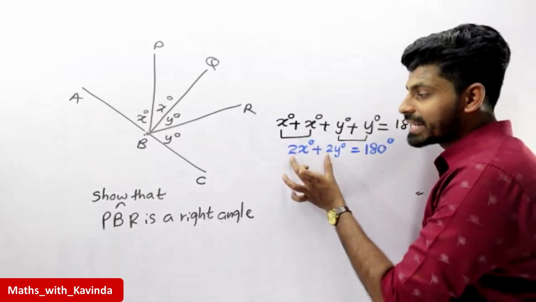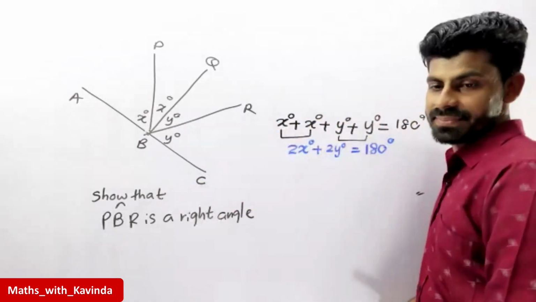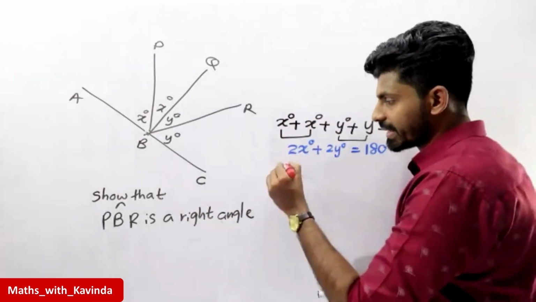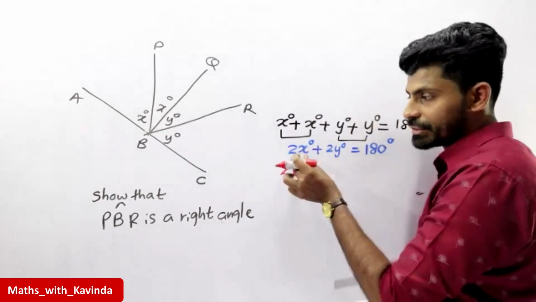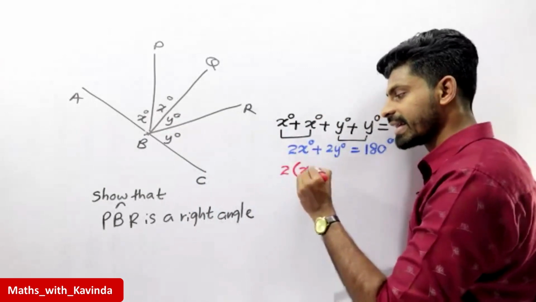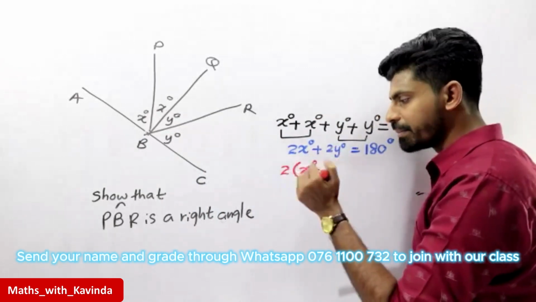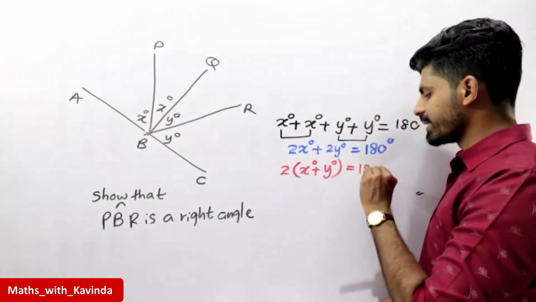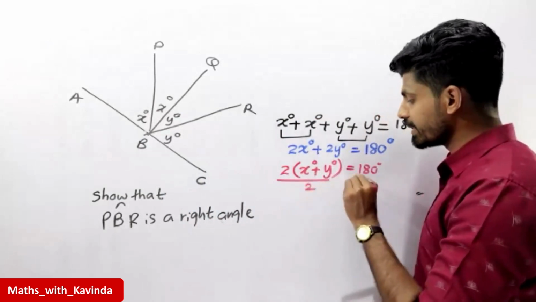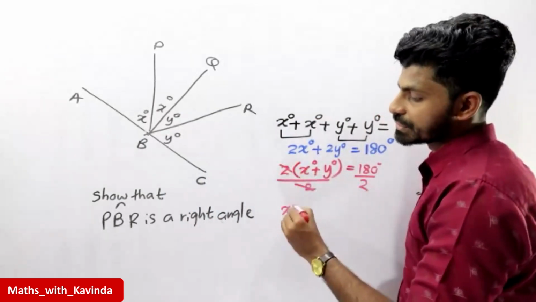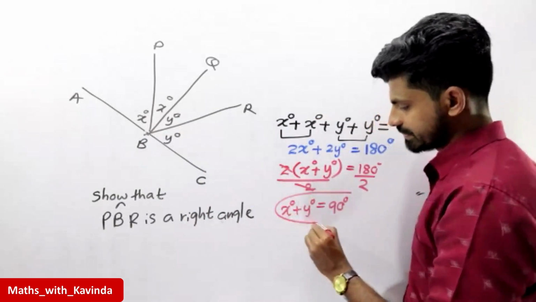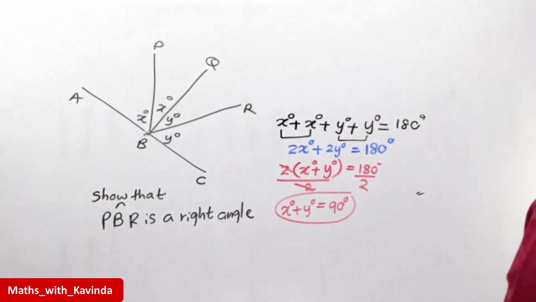Then I'm taking 2 out of the bracket. So we can take 2 out of the bracket: 2x divided by 2 is x, 2y divided by 2 is y, equals 180, and now we can divide both sides by 2. So x plus y equals 90. Look at this one.